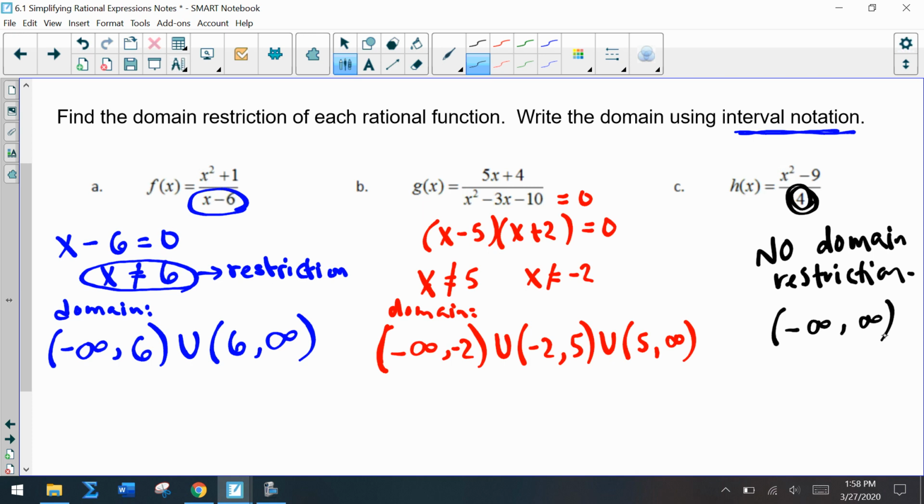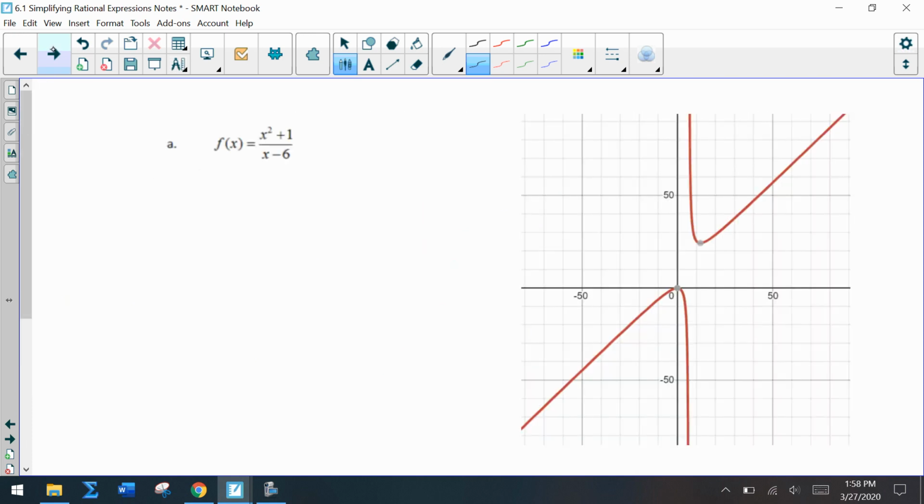So I want us to have a look at each of these functions graphically. I went ahead and graphed each of them in Desmos. So for this particular graph, we said that x cannot equal positive 6. I know I'm kind of zoomed out here, but if we envision this line being x equals positive 6, notice how the graph doesn't cross this line. As this gets closer and closer to this line, it won't touch.